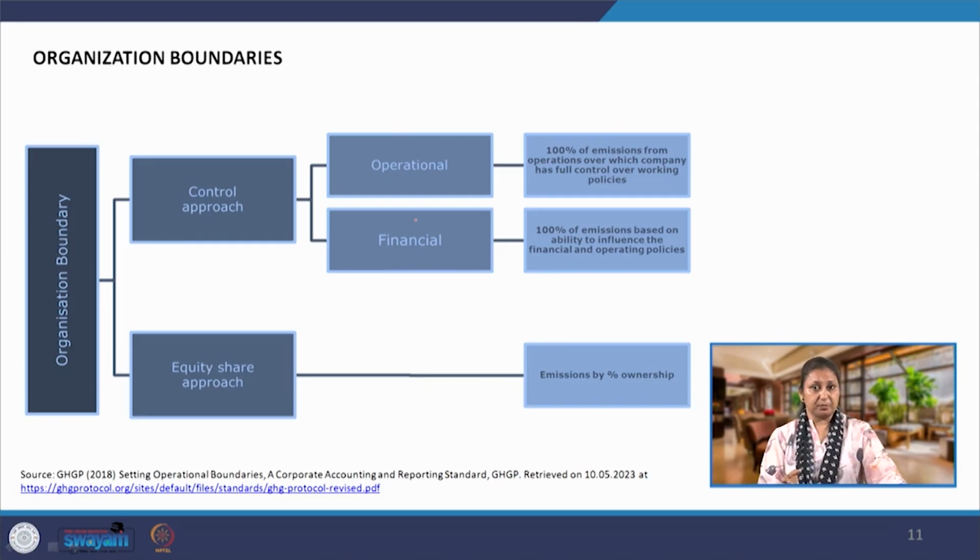And if the operational decisions are not affected by the parent company, then the emissions are not accrued to the parent company. This is how this control approach will work. So, whatever we are controlling, whether through operations or through finances, whatever percentage of control we have as a parent company, the emissions are going to accrue to the parent company.